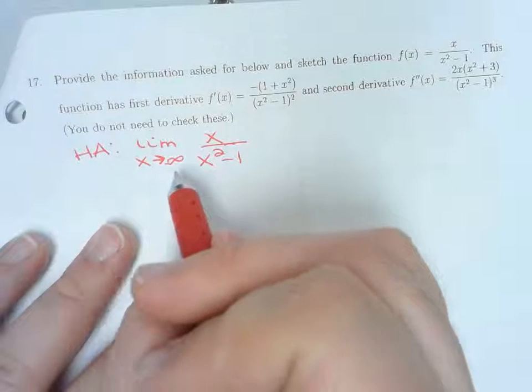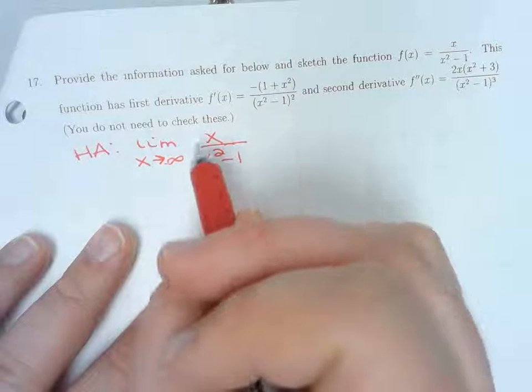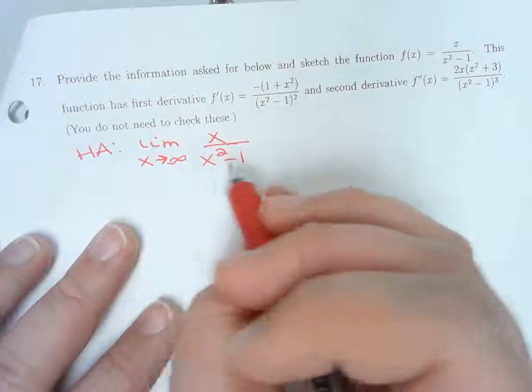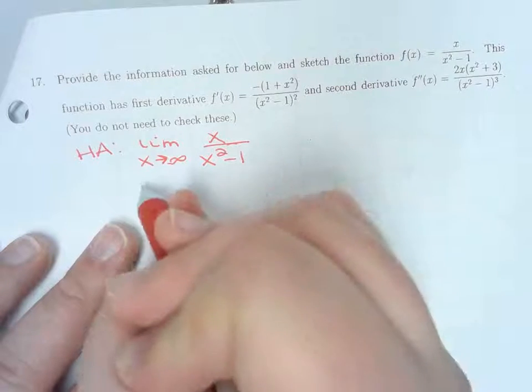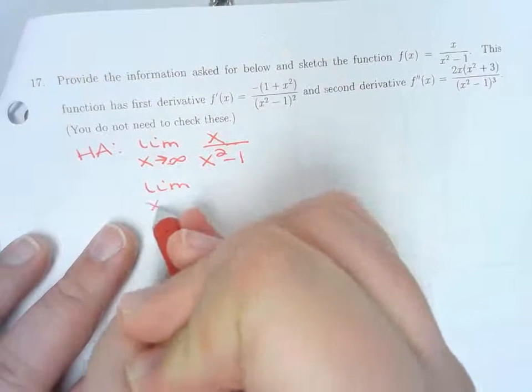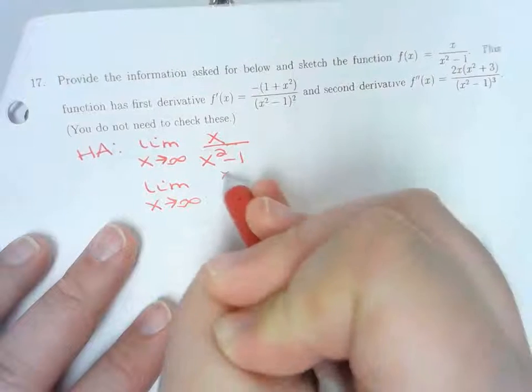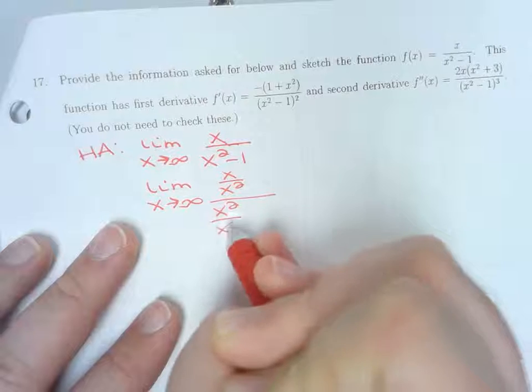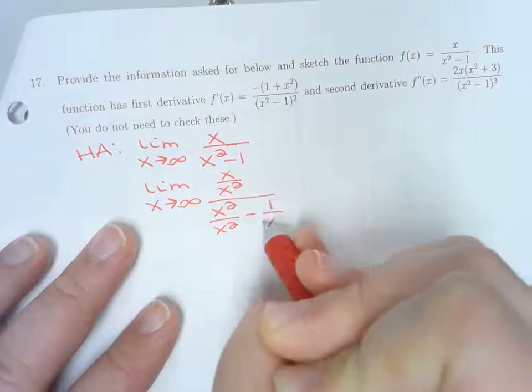Now, this is the limit as x goes to infinity of a rational function. I could divide by the highest exponent on the bottom, x squared, in everything. So x over x squared, over x squared over x squared minus 1 over x squared.